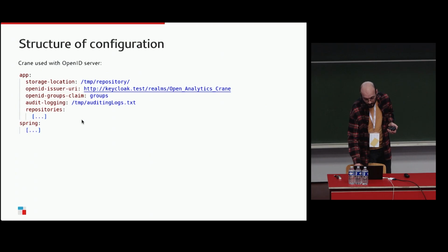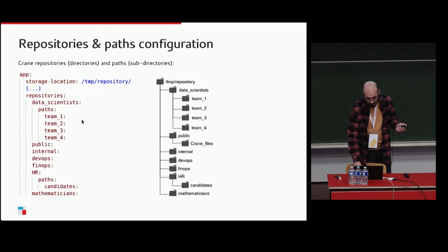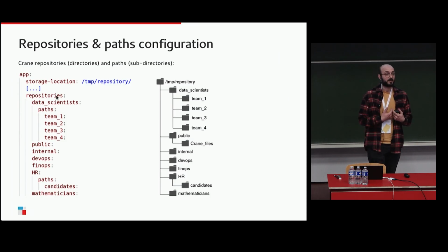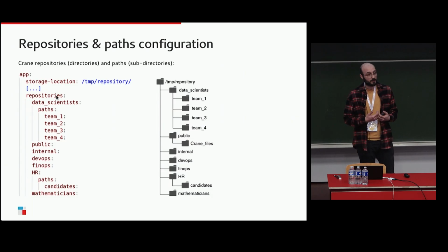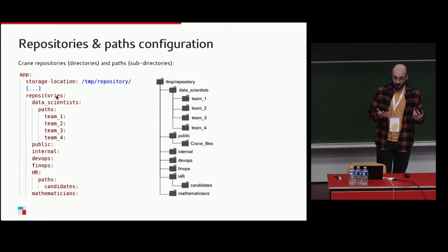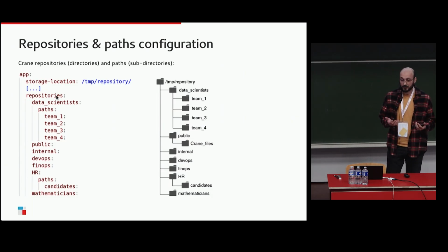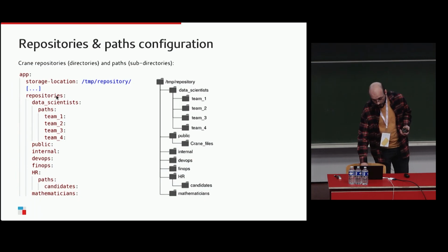So now to the important part. If you want to share data, you need to use the repositories property. Here we define the directories of your data. In this configuration, we tried to follow the file structure.